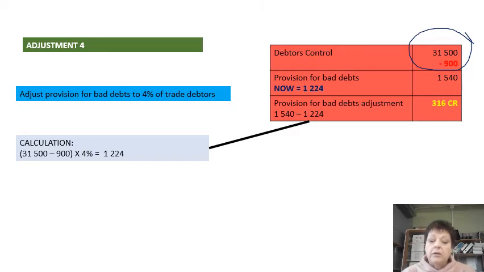There's the calculation, and your provision for bad debt now should be 1224, which means we have to decrease the existing provision for bad debts. And if you decrease the existing provision for bad debts, you will have to credit provision for bad debts adjustment.